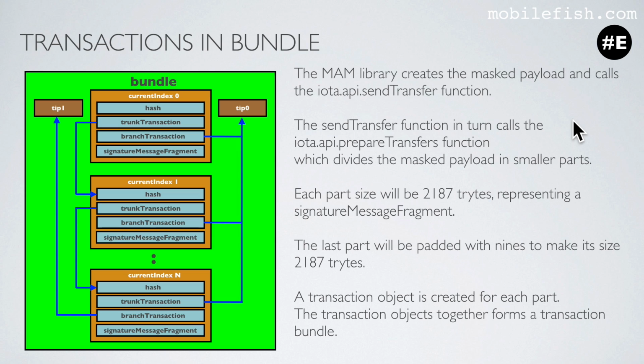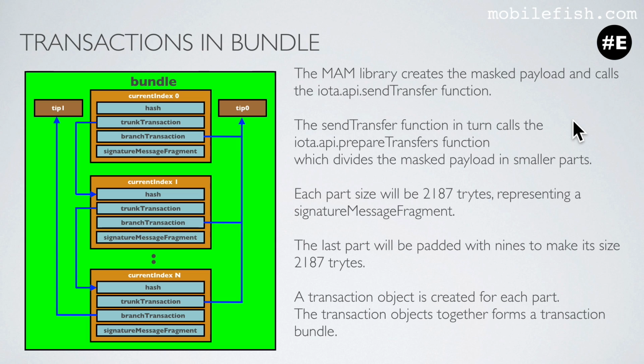The sendTransfer function in turn calls the IOTA.API.prepareTransfers function, which divides the masked payload in smaller parts. Each part size will be 2187 trytes, representing a signature message fragment. The last part will be padded with 9s to make its size 2187 trytes.